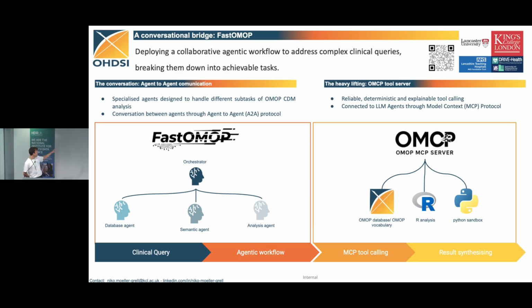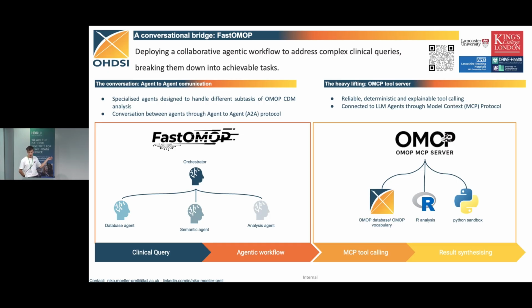So you'd have a workflow where you'd have an orchestrator agent breaking down your question into achievable tasks for LLM agents, which then collaborate on that task, achieving them and querying your database, giving the answer to your question from your live patient database. However, for that, you'd need something to do the heavy lifting.